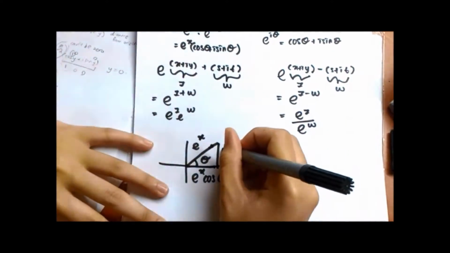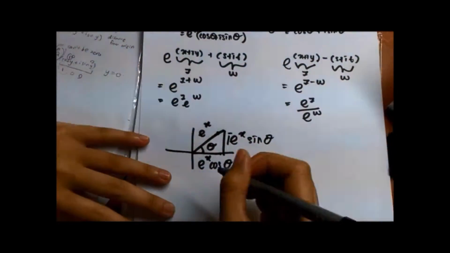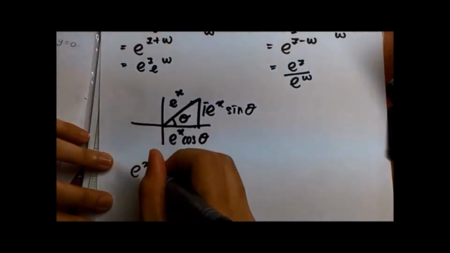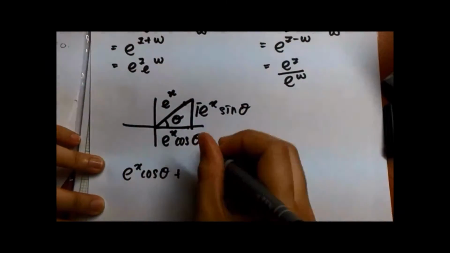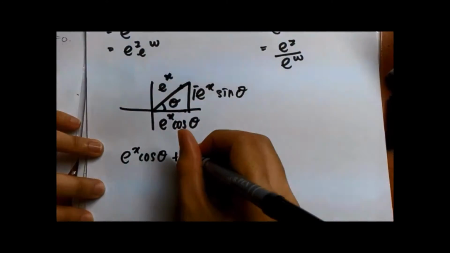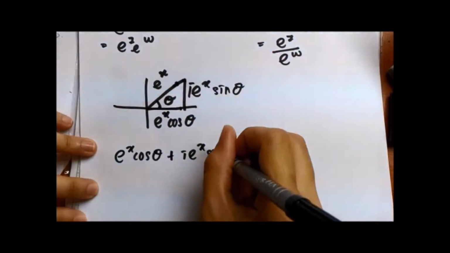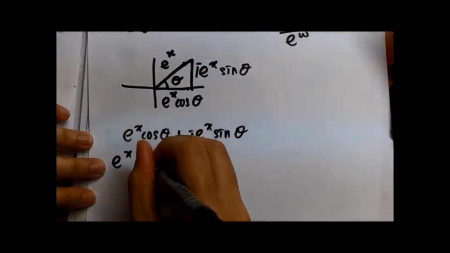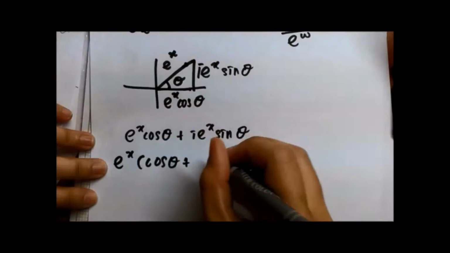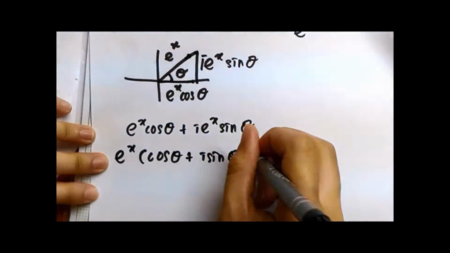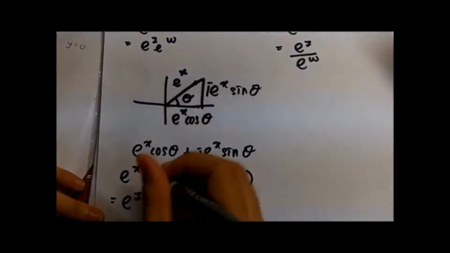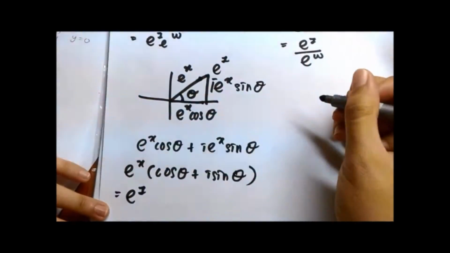For the first case, we should add i. Then the point here is e^x cos theta plus i times the y-axis, e^x sin theta. We factorize the e^x, so we get cos theta plus i sin theta. From this, we know that this is e^z. So this is equal to e to the power of z.